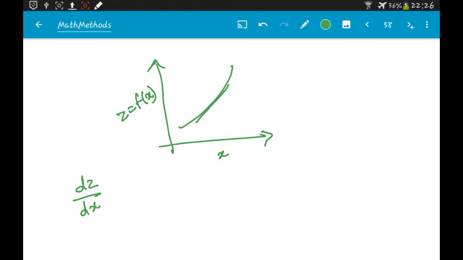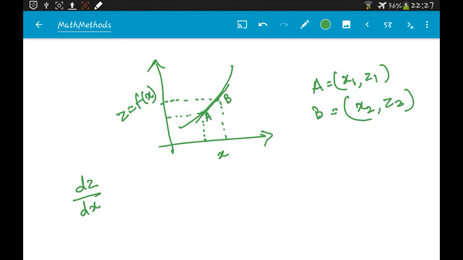The way to calculate the slope is to consider 2 points on the curve. Let's call this point A and this point B. So point A is x1, z1, and point B is x2, z2.